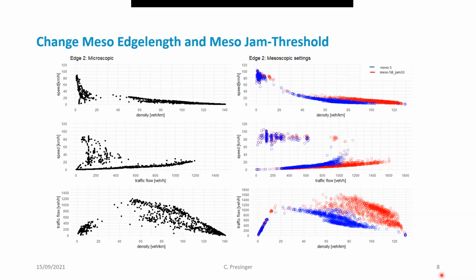And I also investigated the edge length deeper, and I did some tests, because SUMO could either cut the complete network into segments of the same length, starting at one point of the network, or it was possible that SUMO cut it where a real edge of the network ended or started.